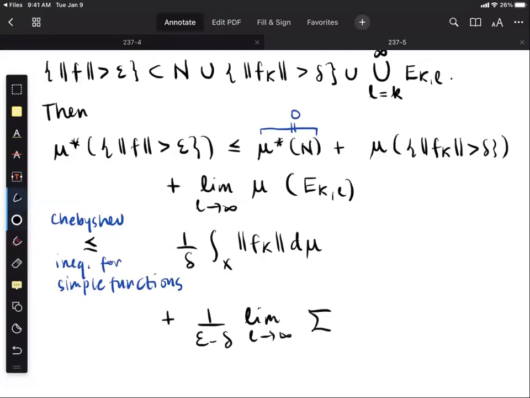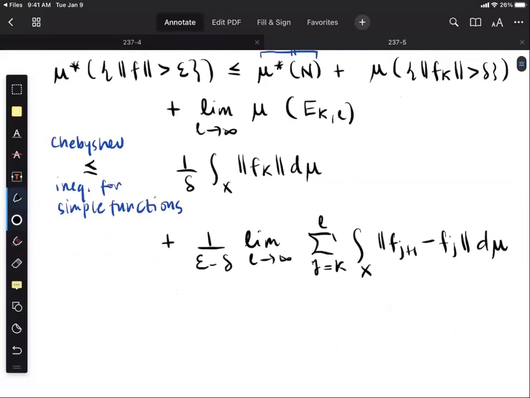The limit, j from k to l, the integral of the norm of f sub j plus 1 minus f sub j, integrate over x. And again, this is less than or equal to 1 over delta times the integral of f sub k d mu plus 1 over epsilon minus delta.